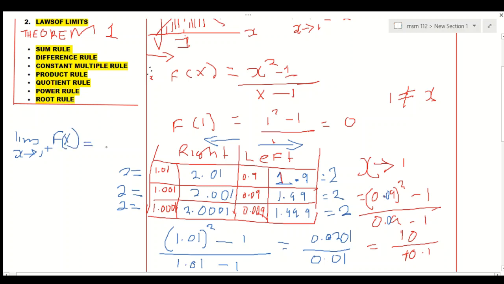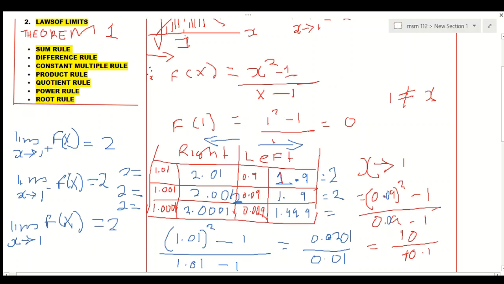gave us 2, and the other one, the limit as x approaches 1 from the left hand side of the function gave us 2, meaning a two-sided limit, which is the limit as x approaches 1 of the function is equal to 2, meaning this limit exists.